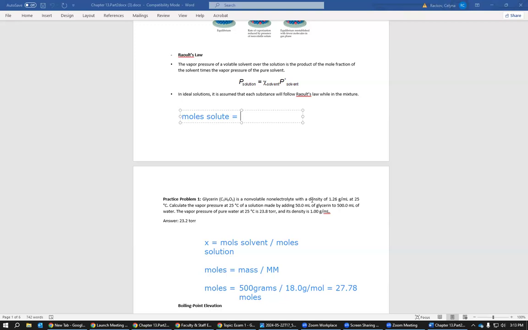So to convert from 50 milliliters to grams, we're going to multiply 50 times 1.26, and you have 63 grams of glycerin. And the molar mass of glycerin here will be 36 plus 8 plus 16 times 3, so it's going to be 92 grams per mole, right? And the mass is 63 grams here. Okay, so how much will you have here?